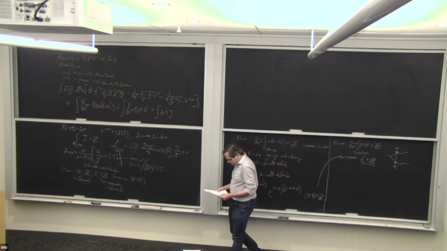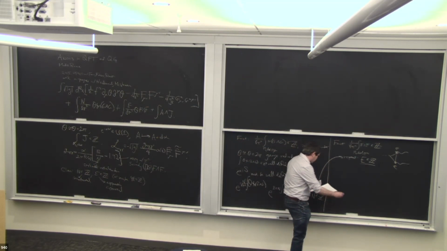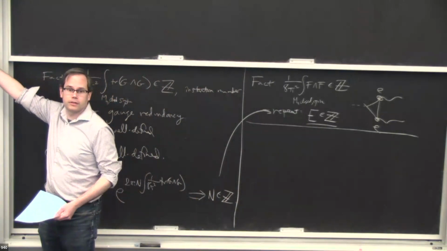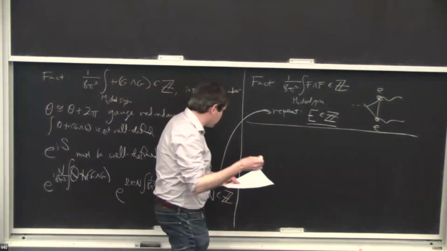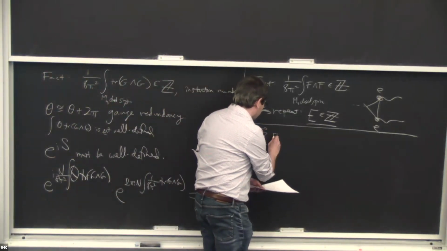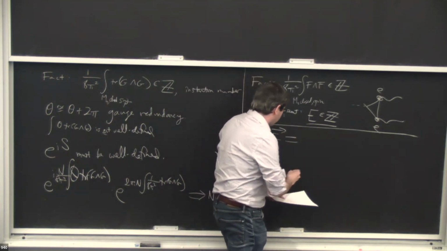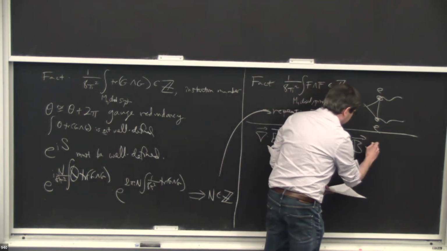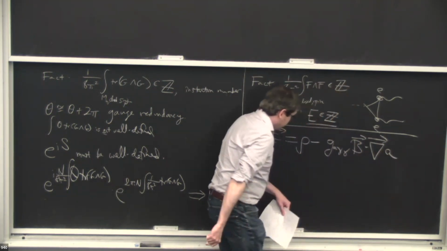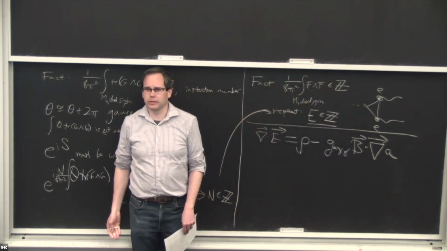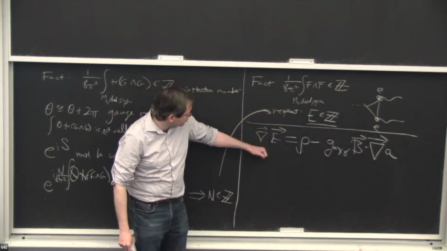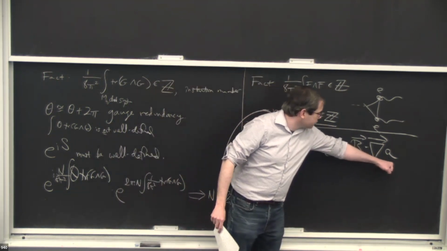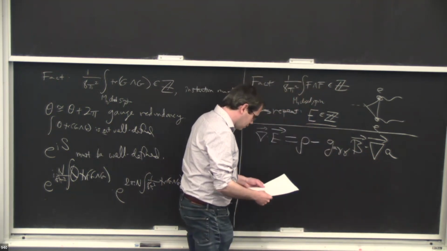So let me say a couple more things about this electromagnetic duality thing, because if you just start with this action that I wrote down over here and derive the equations of motion and write them in the way we usually write Maxwell's equations, you get the equations of axion electrodynamics. And they look like the ordinary Maxwell's equations with some extra terms. One thing that you get is the divergence of E now has a piece that depends on this coupling of the axion, g_{aγγ}, and a magnetic field dotted into the gradient of the axion field.